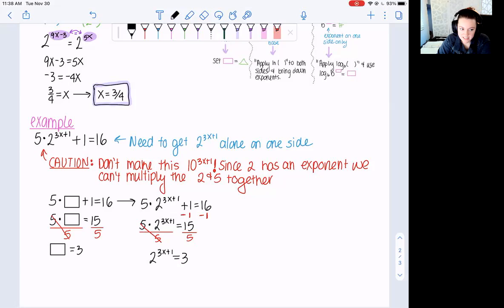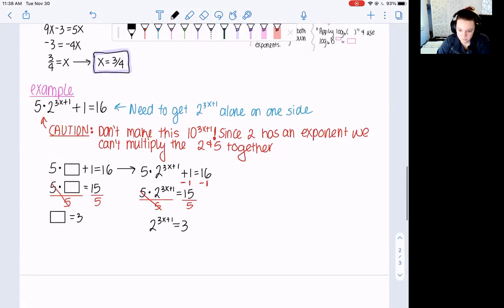Any questions on getting to this form? We're not done yet. We haven't solved it yet, but any questions on getting here?